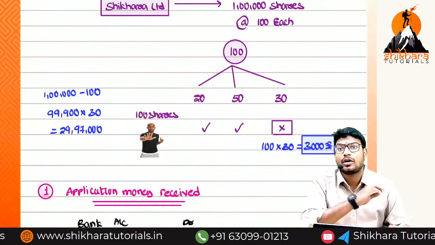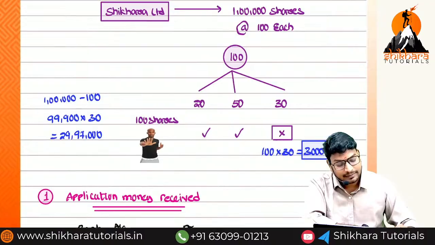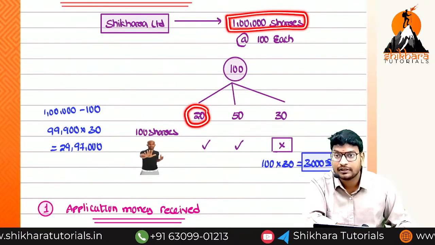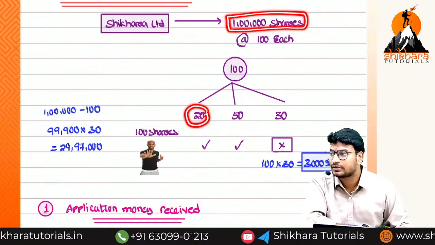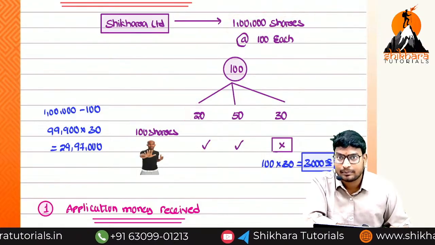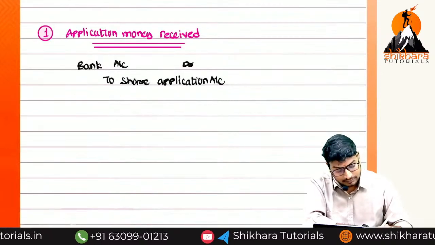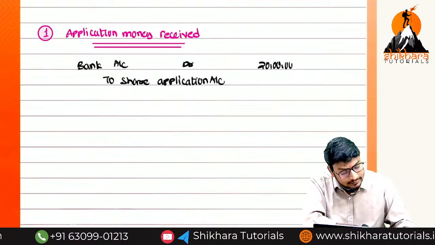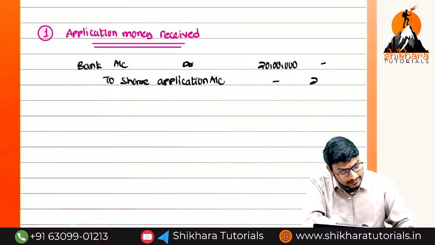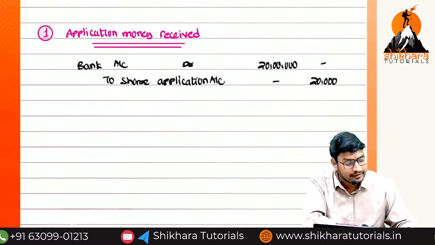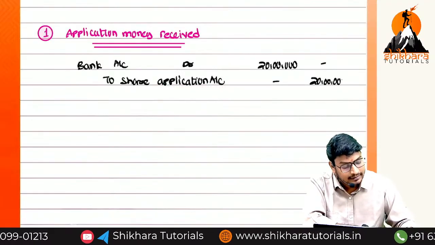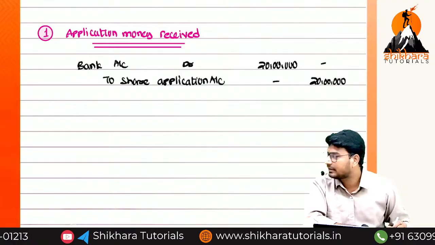On all the shares we have received. How many shares do we have? 1 lakh into how much we are receiving? 20 rupees. That is equal to 20 lakhs. Are you getting the point? So that is 20 lakhs and 20 lakhs. I am not writing the narration, because the same narration applies, being application money received.